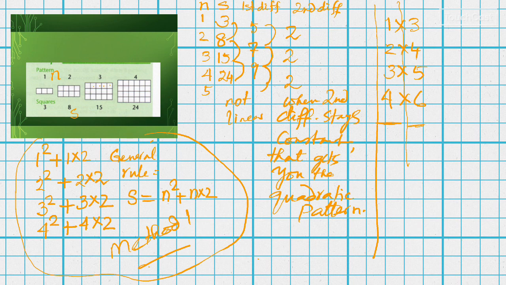and the pattern 1 is the step number, and you are timesing step number plus 2. So this is step number is 1, and you are timesing 1 plus 2.